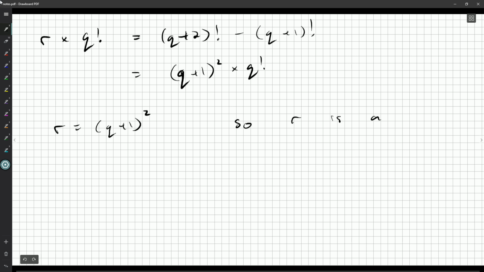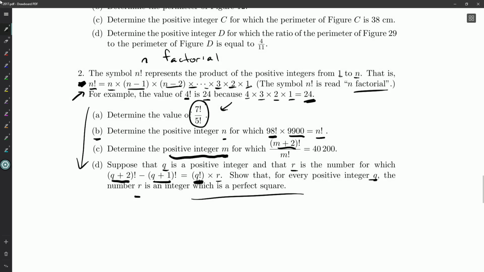So R is always a perfect square, which is exactly what we wanted to show. And there we go. There wasn't anything else we needed to do here. We just need to show R as an integer, which is a perfect square. We, in fact, know what R is going to be in terms of Q, but they didn't ask us for anything like that.